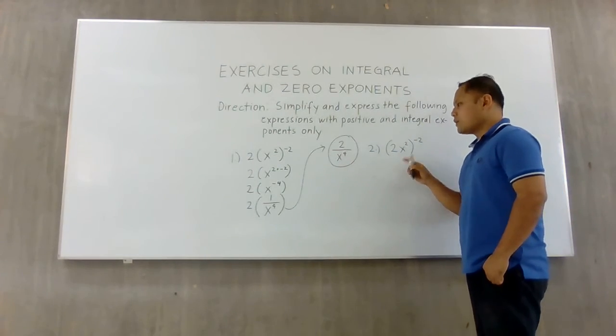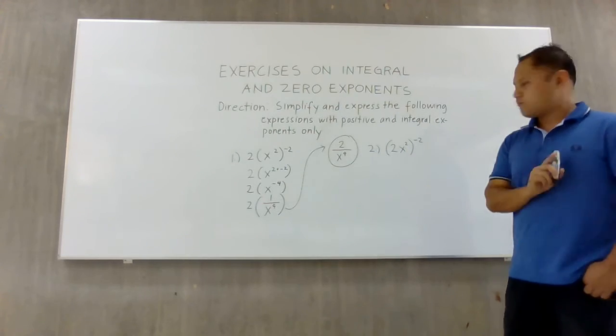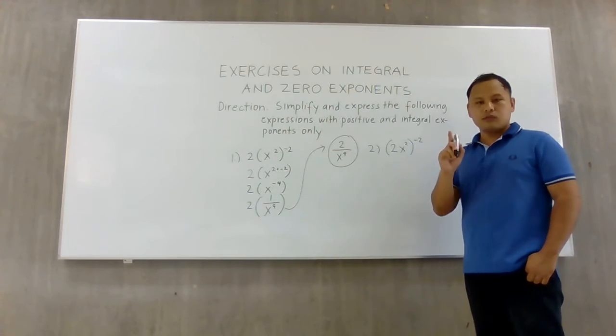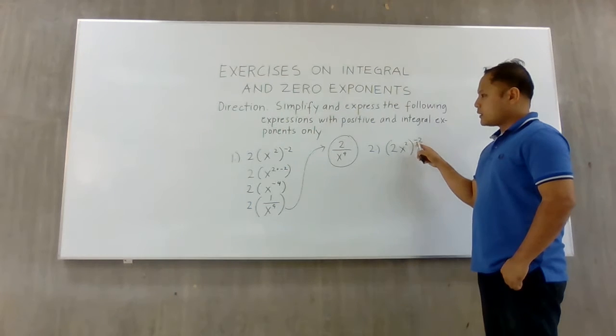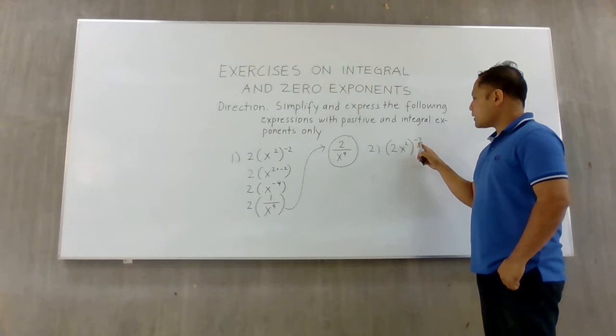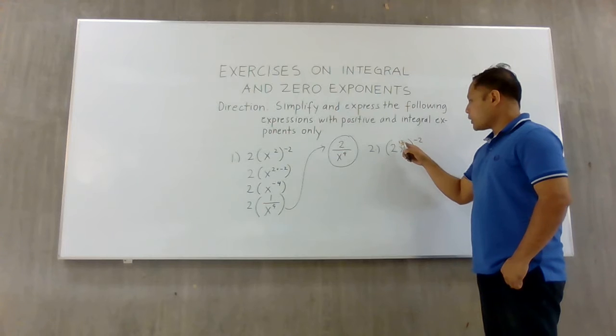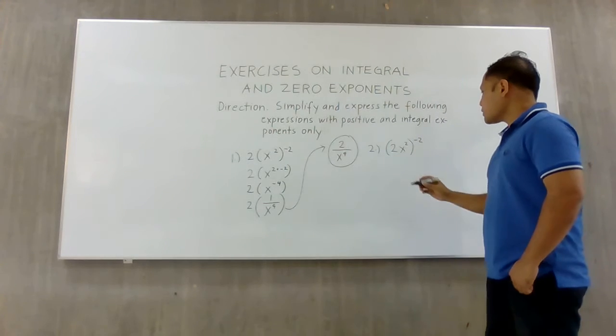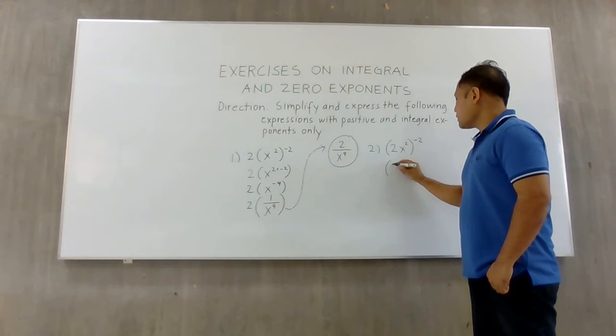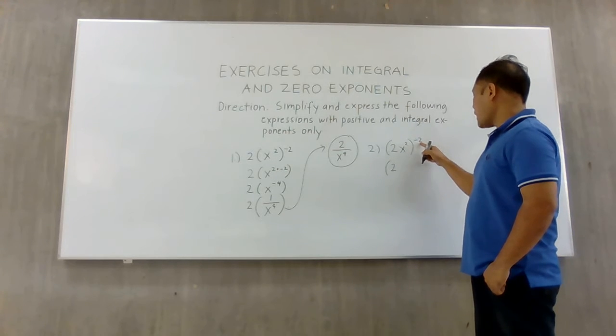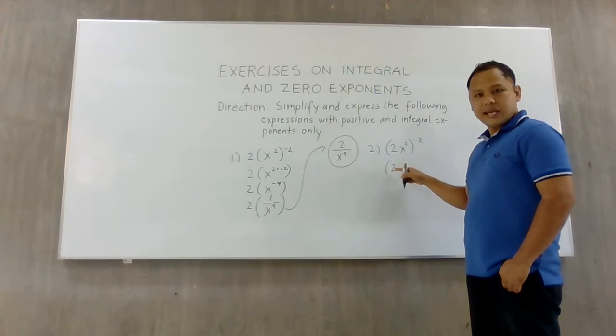It has no plus or minus sign in between. Because of that condition, we can distribute the exponent negative 2 to each factor.